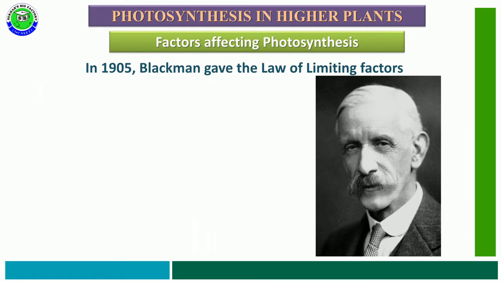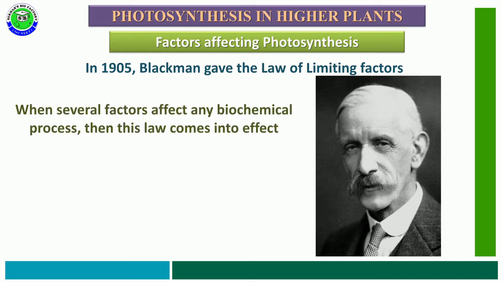In 1905, one of the scientists, Blackman, gave one important principle. It is called the law of limiting factor. According to this, when several factors, either external or internal, affect any biochemical process, then this law comes into effect.